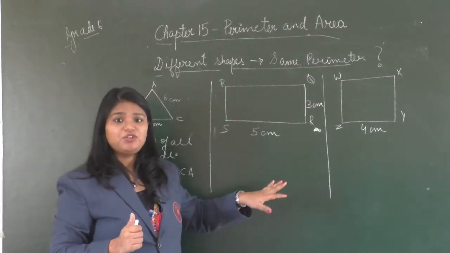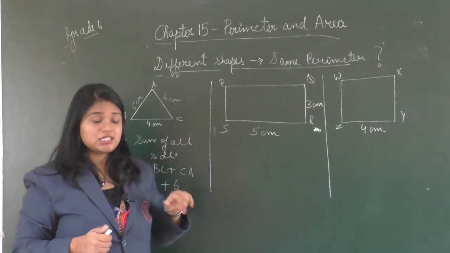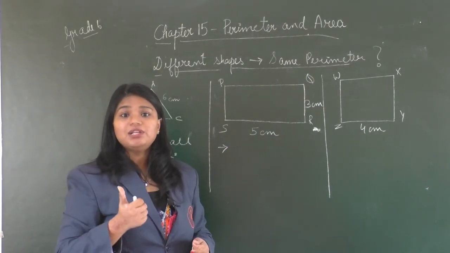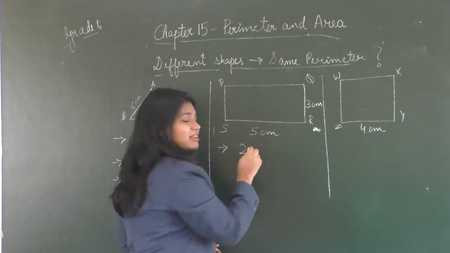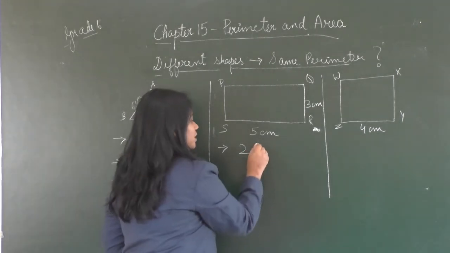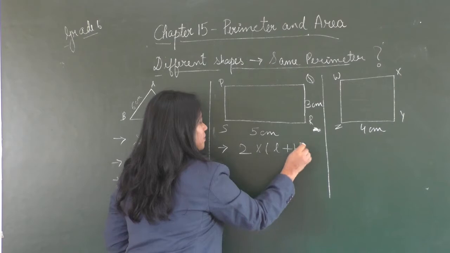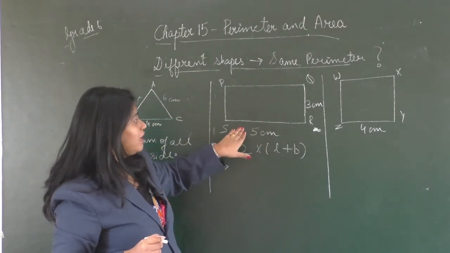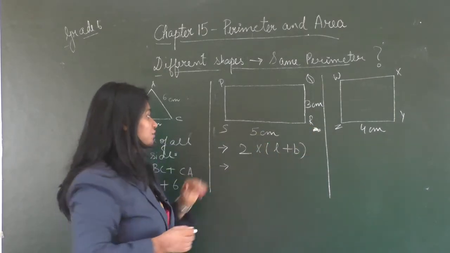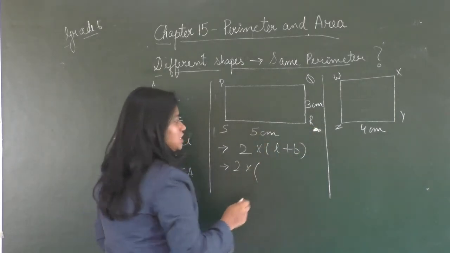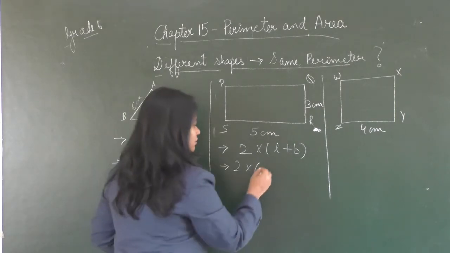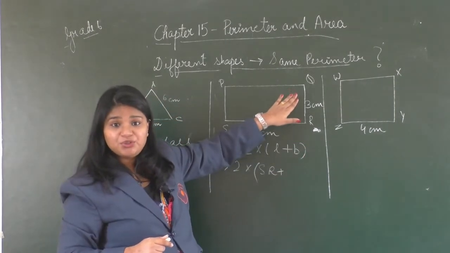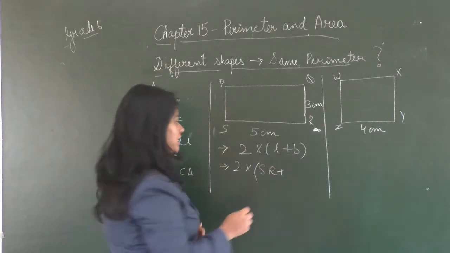Let's find the perimeter of the rectangle PQRS. So the formula for perimeter of a rectangle is 2 into length plus breadth. So let's write down the formula first, that is 2 into L plus B. So we know L is equal to RS or SR, that is 5 centimeters. So I will write first 2 into SR plus B is equal to RQ or QR, that is 3 centimeter.